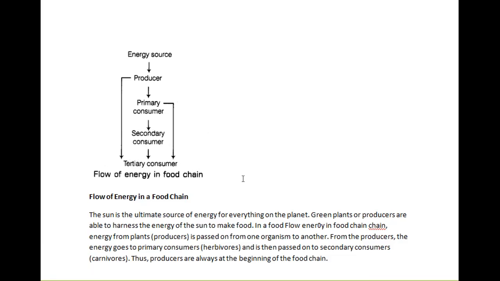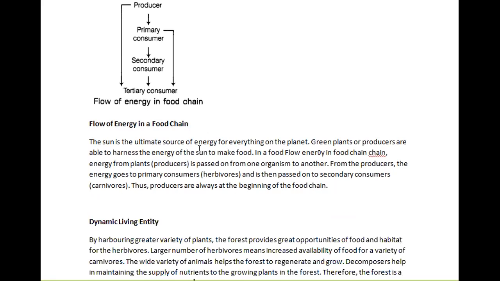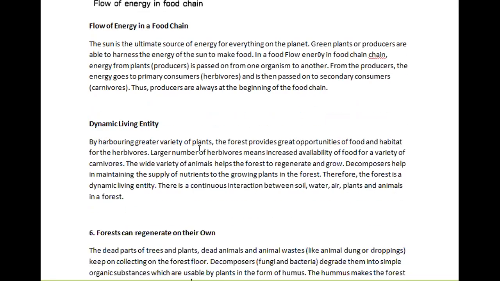Again, through plants, the energy is regained from the soil. So it is a cycle. Also from producer directly to tertiary consumer, the energy can flow. So this is all about the flow of energy in the food chain.